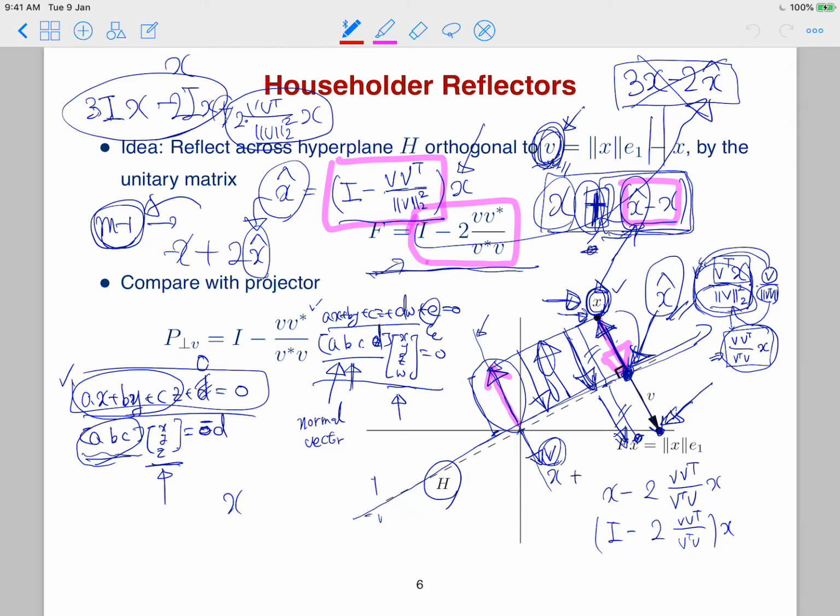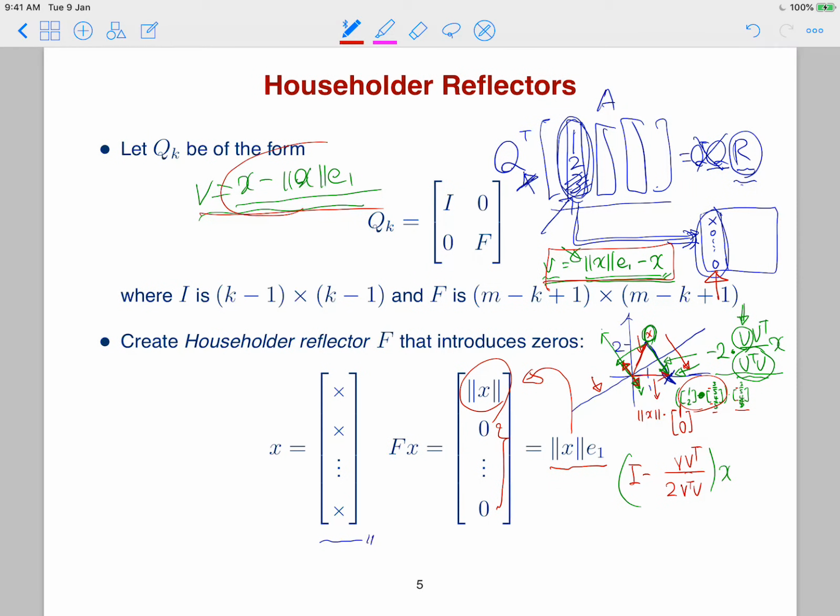Once we set our matrix F in this form, where the vector v is set as this guy, we can obtain this reflector matrix that maps a currently given column vector into the vector that has only a non-zero in the first dimension.